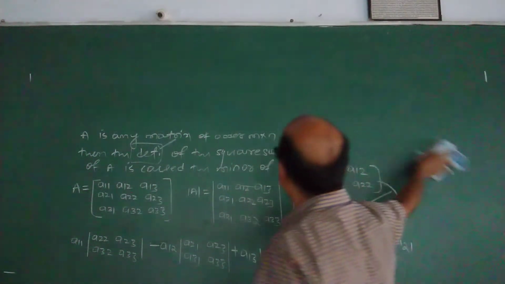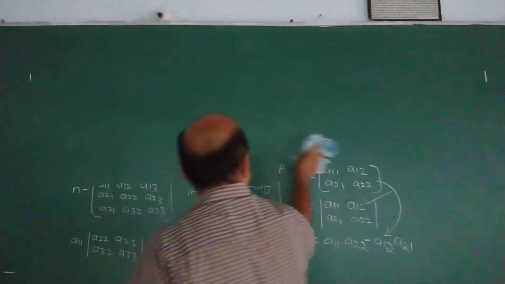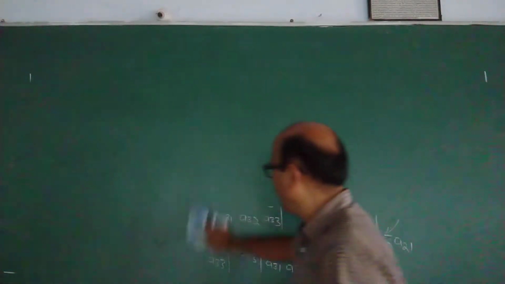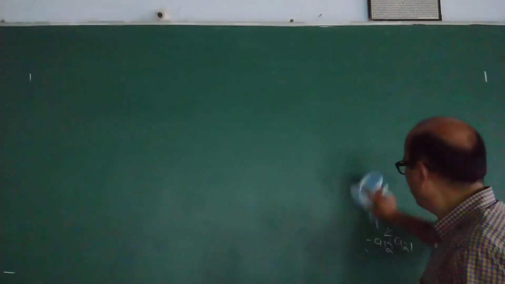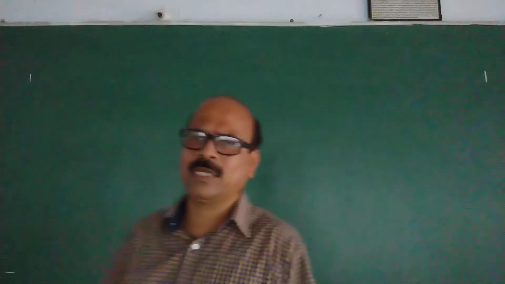Many properties are there, but that is not the topic here. Our topic is rank of a matrix, but in rank of a matrix we come across determinants. That is why I explained the definition of determinant, order 2, order 3.